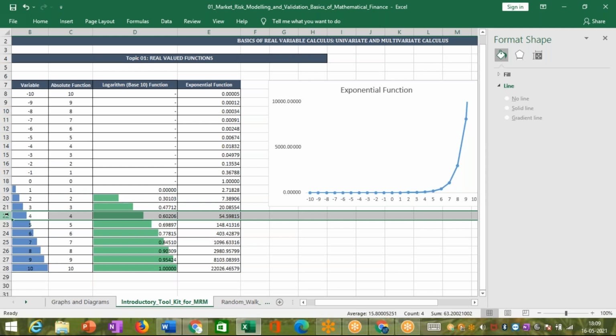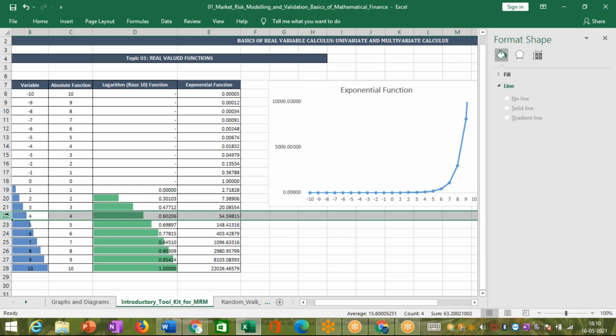But once it has started going up, one of the important things you get to see is that the function starts becoming explosive.